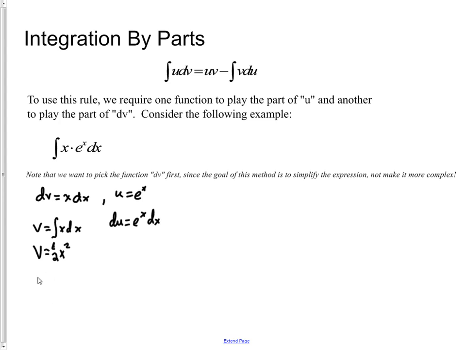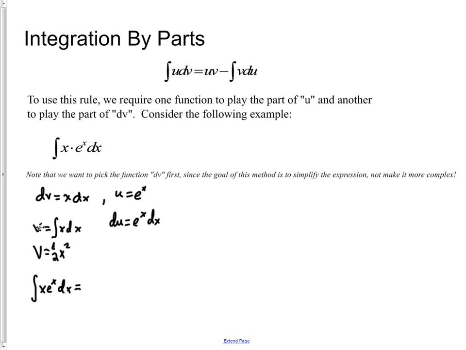This doesn't really do it for me. You know why? Because if I apply this rule right now, look at what we're going to get. The integral of x times e to the x dx is going to look like u times v.